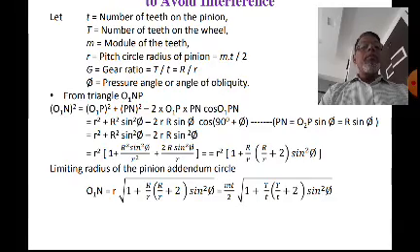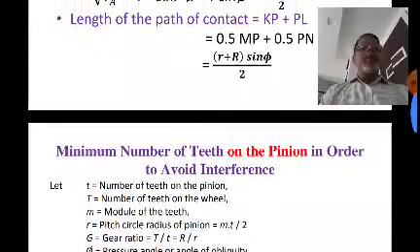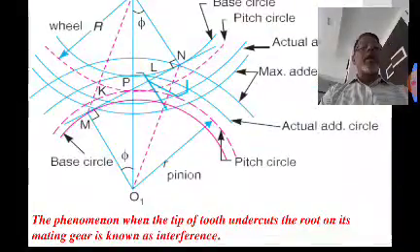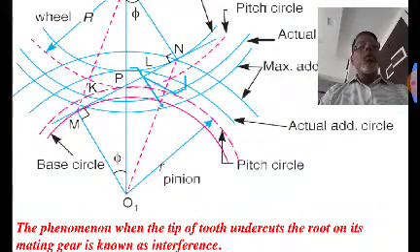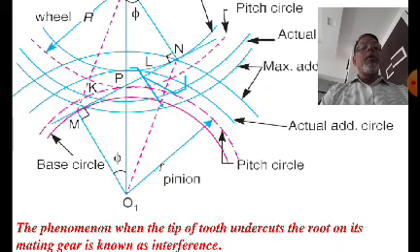Now from triangle O1NP, if you see in this diagram, this triangle. Now from this triangle, can we write O1N square equal to O1P square plus Pn square minus 2 times O1P Pn, and cos of which angle?